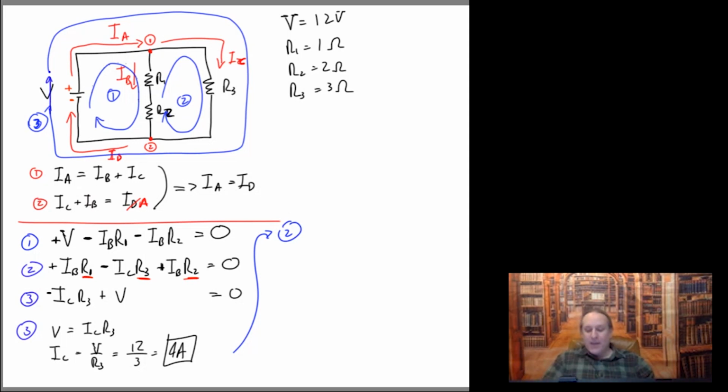I want to get the IB stuff by itself, so I would rearrange and have IB R1 plus IB R2 equals IC R3, and we can factor out the IB.